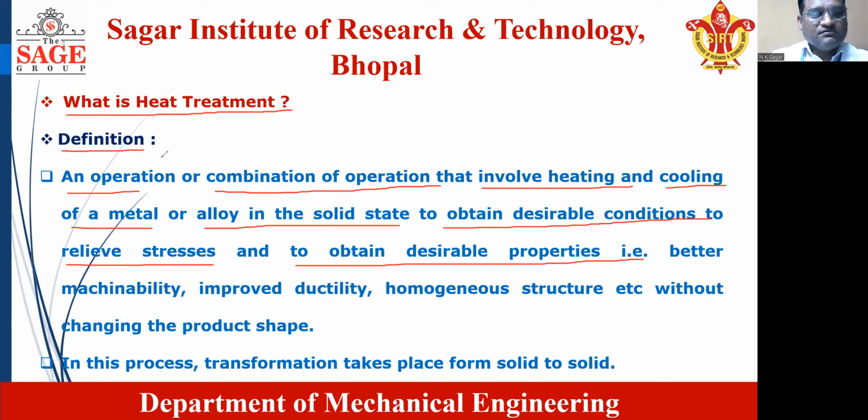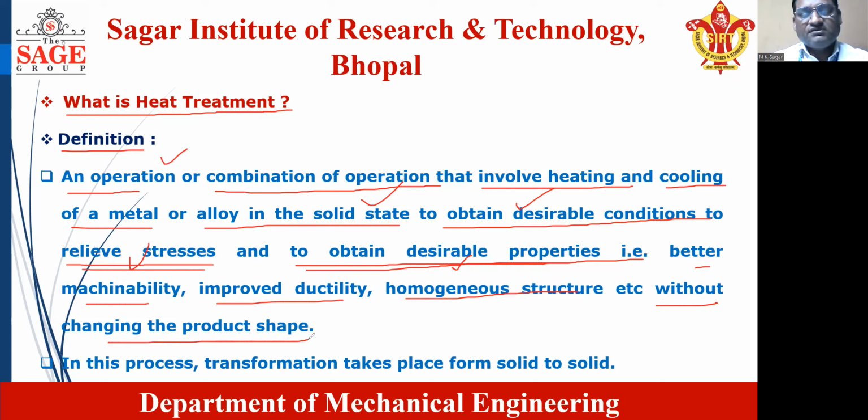So it is an operation or combination of operations that involve heating and cooling of metal and alloy in the solid state, to obtain desirable conditions, to relieve stresses, and to obtain desirable properties. So with the help of the heat treatment process, we have two advantages, that is relieved stresses and, second, to obtain desirable properties, that is better machinability, improved ductility, and homogeneous structure without changing the product shape.